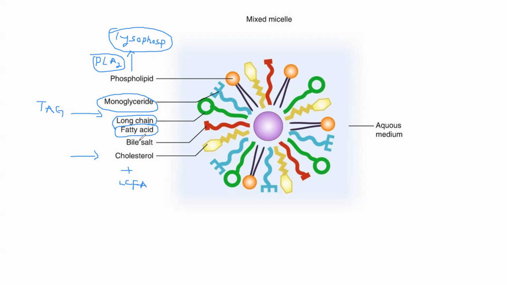That is why you need a bile salt. This bile salt combines with all these digested products, lysophospholipids, monoacylglycerol, long-chain fatty acid, and cholesterol, and they form what we call a mixed micelle.